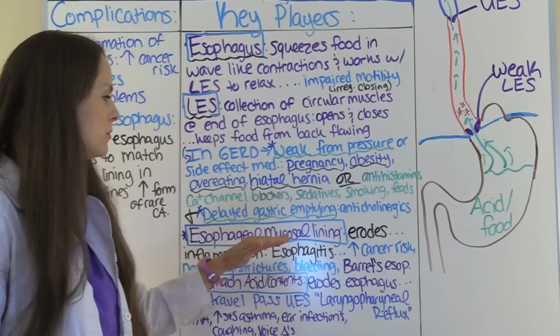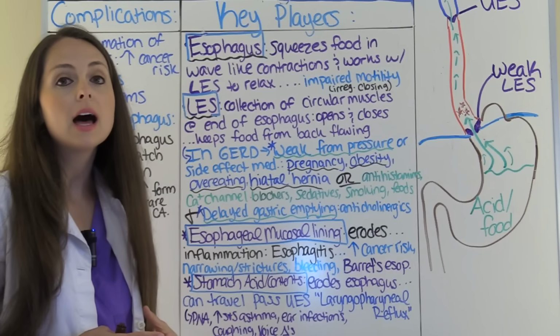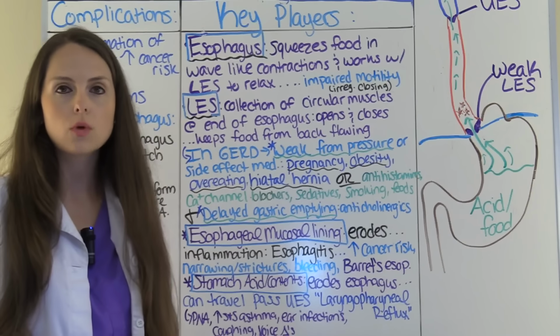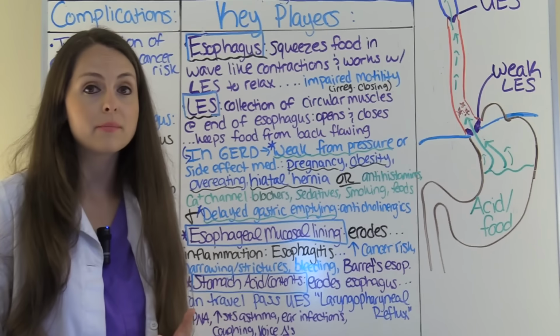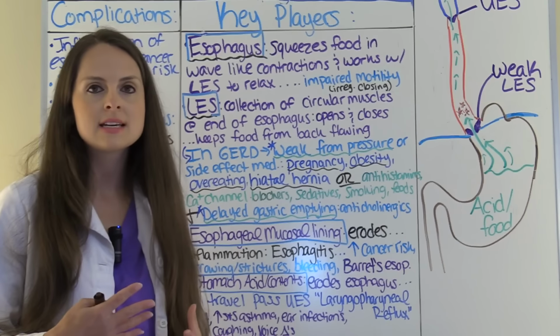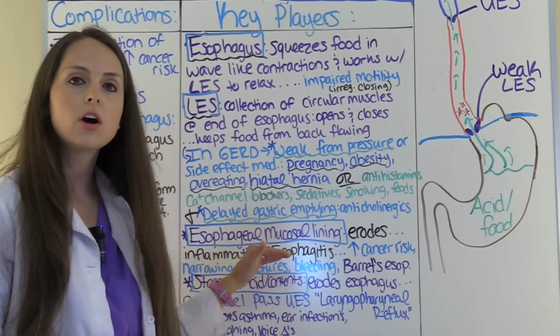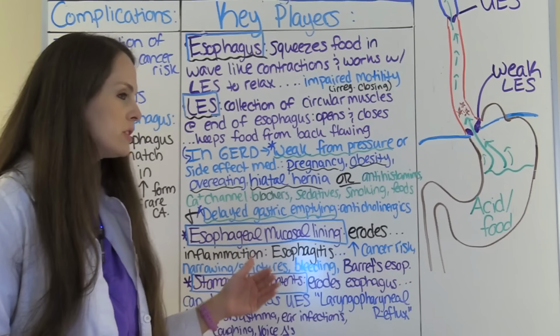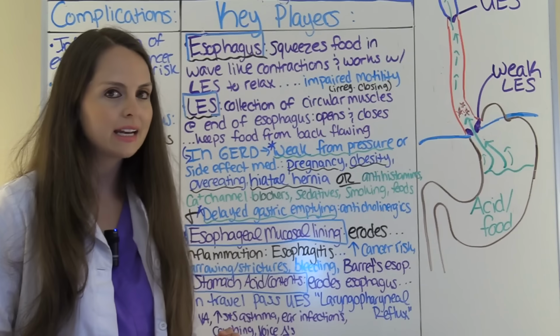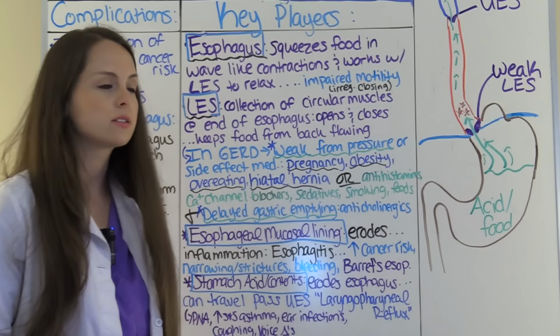Next, the esophageal mucosa lining. What happens to that is that the cells that line your esophagus start to erode and become inflamed because they're not made to be in contact with all those acids and enzymes. So the person can develop a condition called esophagitis, and due to that chronic inflammation irritating those cells, there is an increased risk of esophageal cancer.